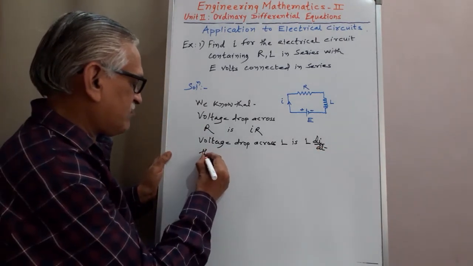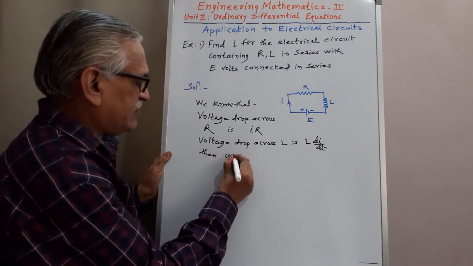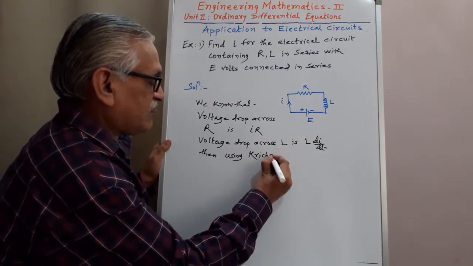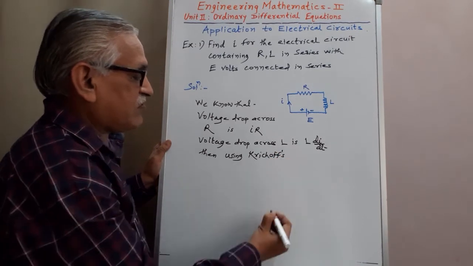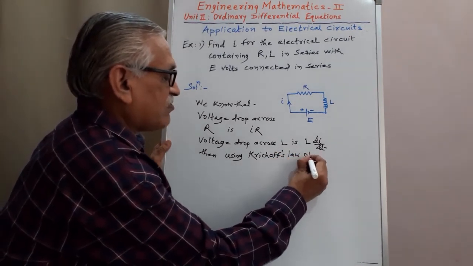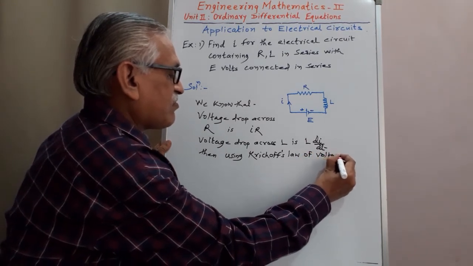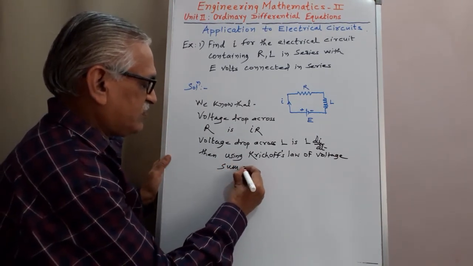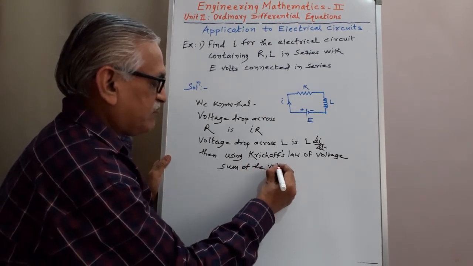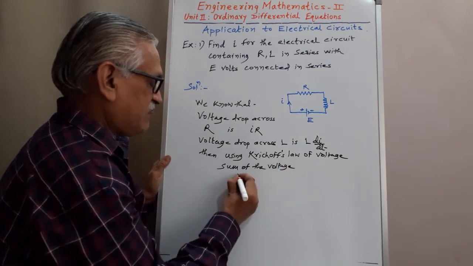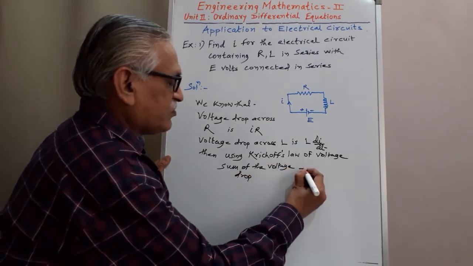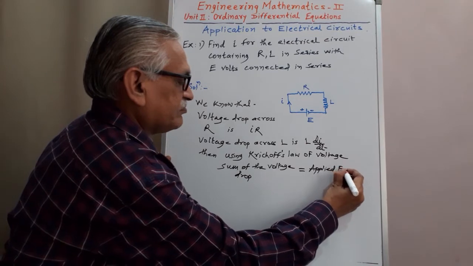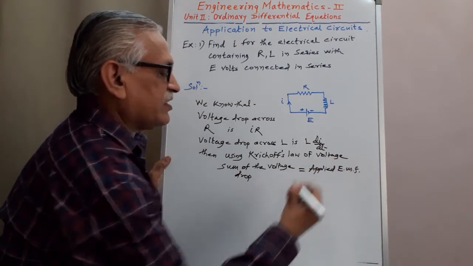Then using Kirchhoff's law of voltage, the sum of the voltage drops is equal to the applied EMF in that circuit.